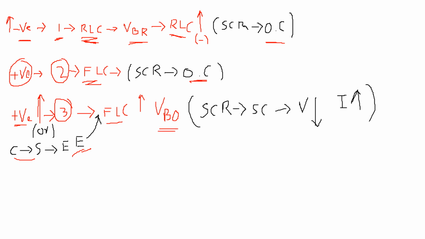That voltage is called the forward breakover voltage. It means SCR starts conducting, which means SCR is in short circuit condition. Under short circuit condition the voltage value is negligible or zero and the current value increases. Now by using this analysis we are going to draw the static VI characteristics.